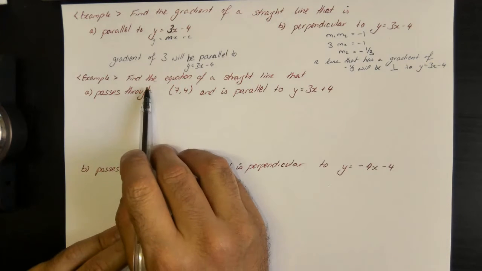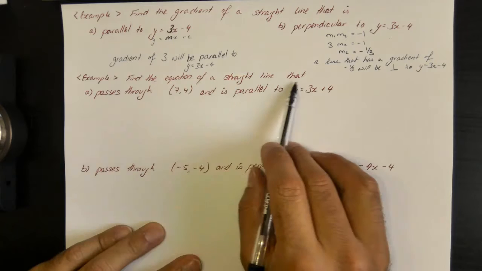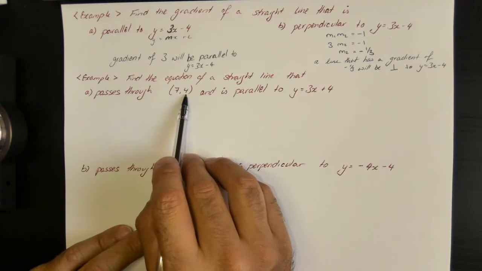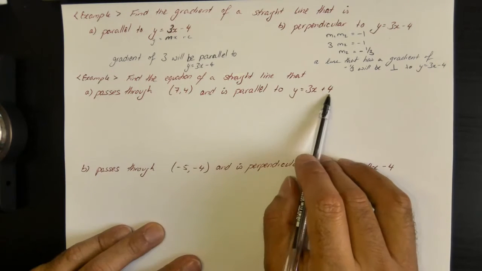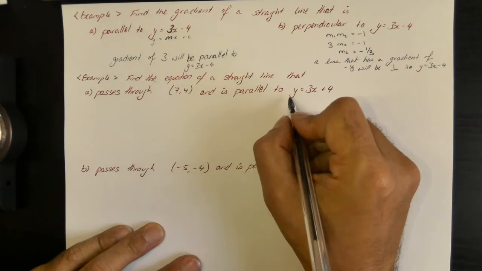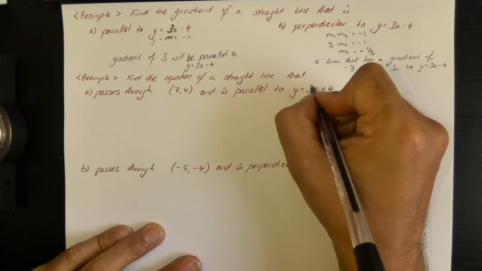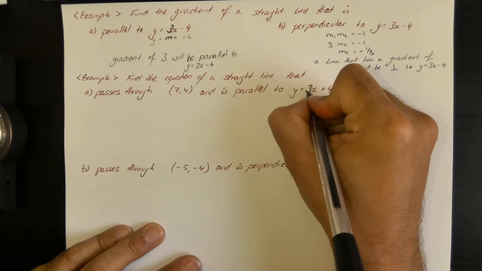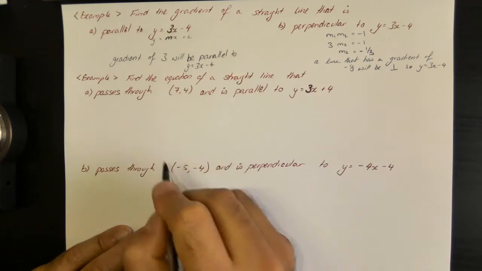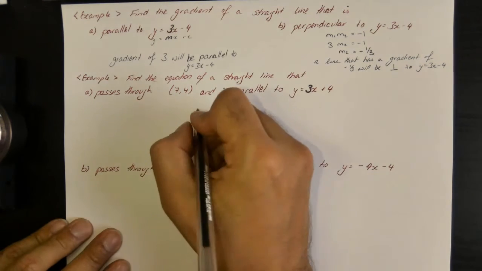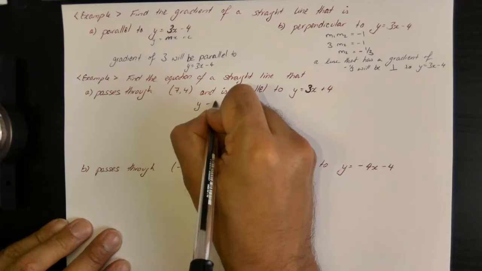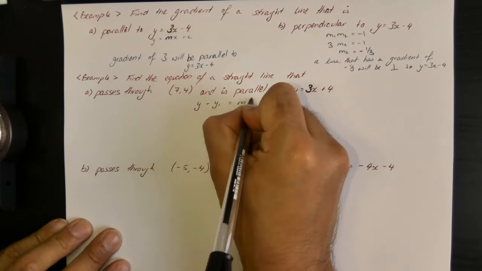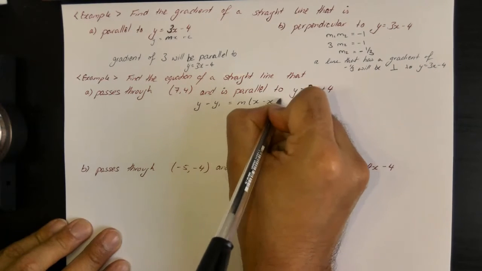Here's another example: find the equation of a straight line that passes through the point (7, 4) and is parallel to this equation. Once again, it's in the form y equals mx plus c, so the gradient that I want is 3. It has to pass through this point, so I'm going to use the formula y minus y1 equals m times (x minus x1), which we saw in the last lesson.